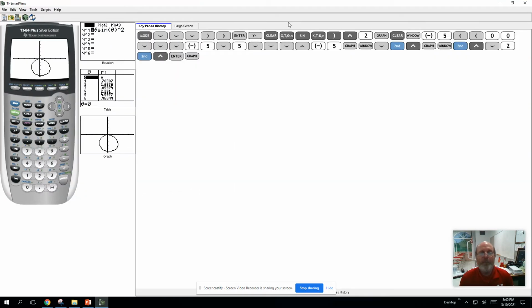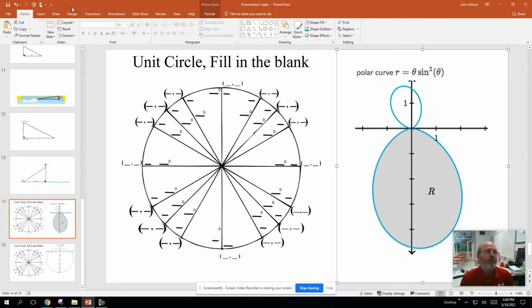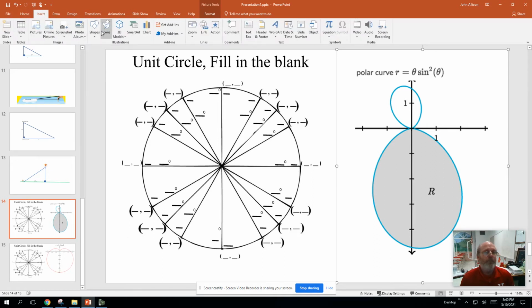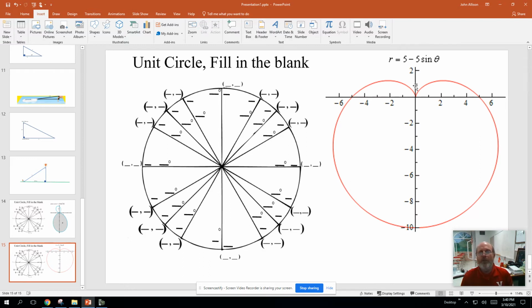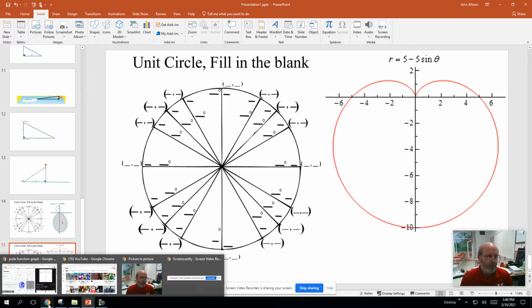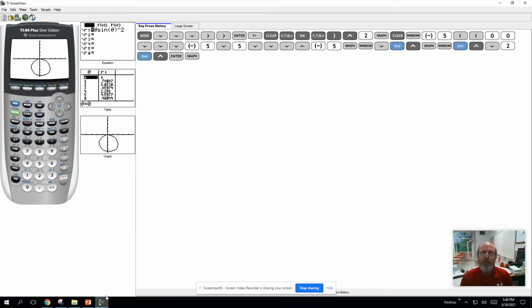So how do we go about this? Let's go ahead and do another form of graph, then we'll do the integrals in another video. Let's look at the graph of this function, 5 minus 5 sine theta. Now, you see the graph already, so I'm going to go ahead and change it in the calculator.